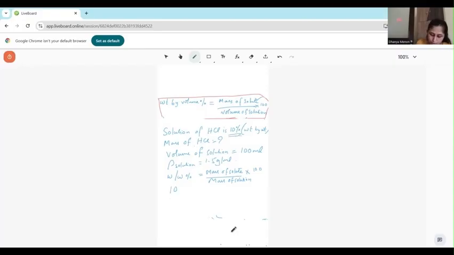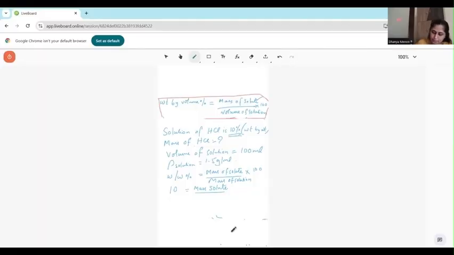Right? Now, the mass of the solute you have to find out. The mass of the solution you don't know. So, are you provided with the density?